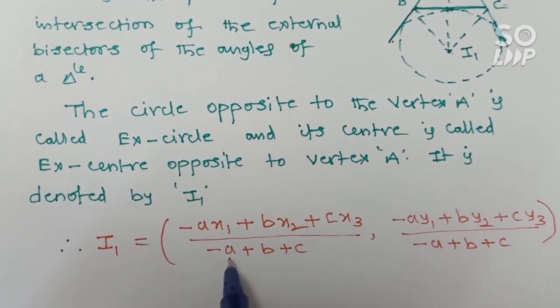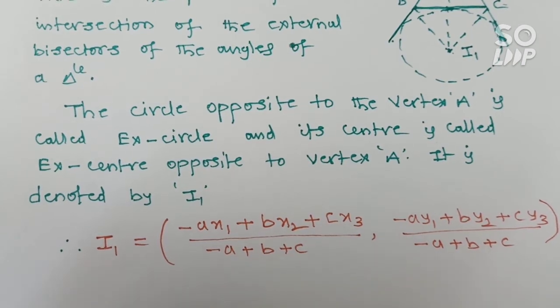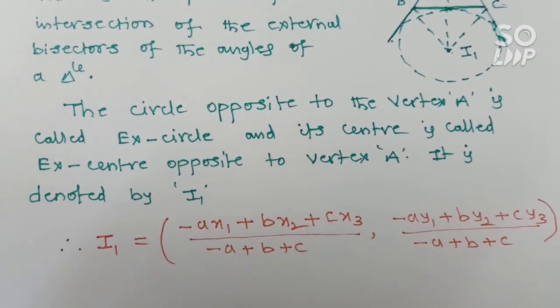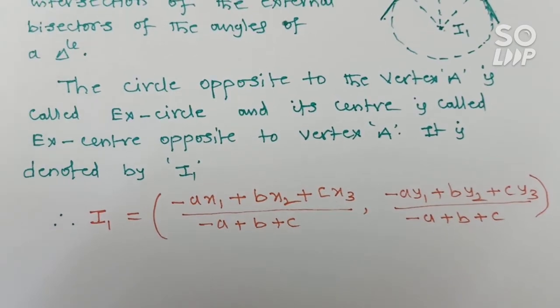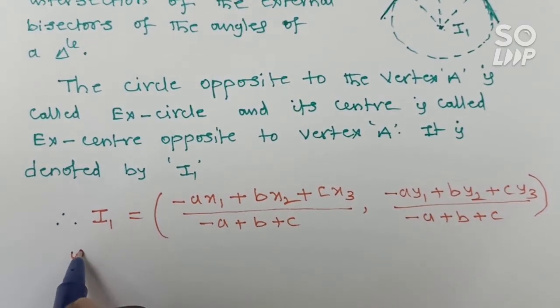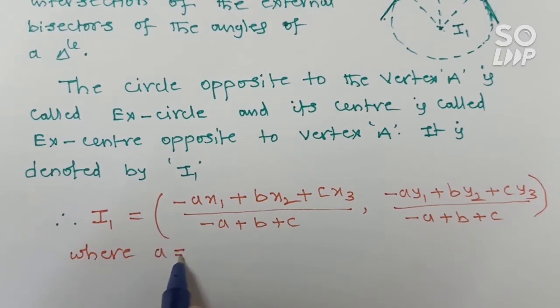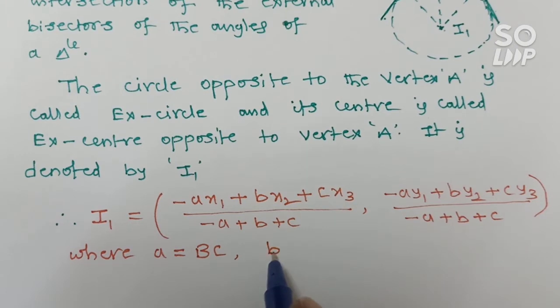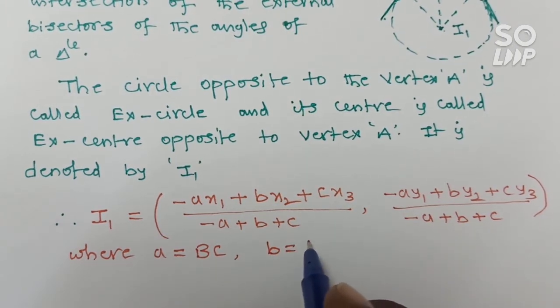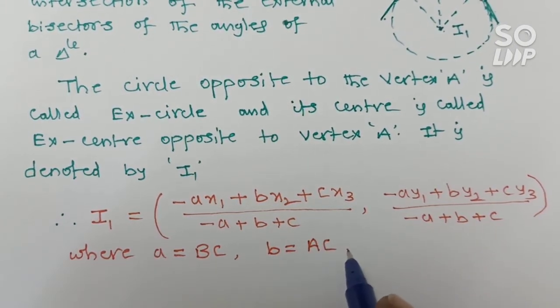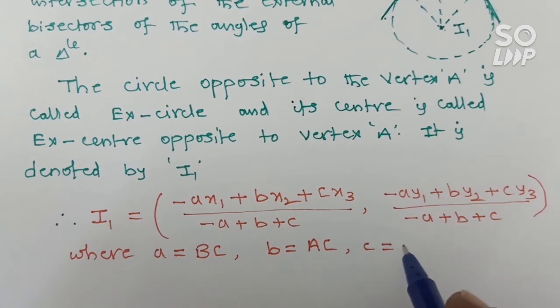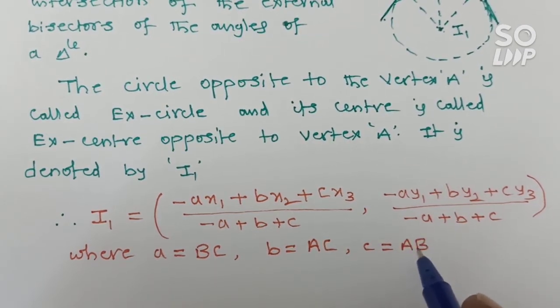So what is meant by a? Small a is the length of the side BC, small b is the length of the side AC, and small c is the length of the side AB.